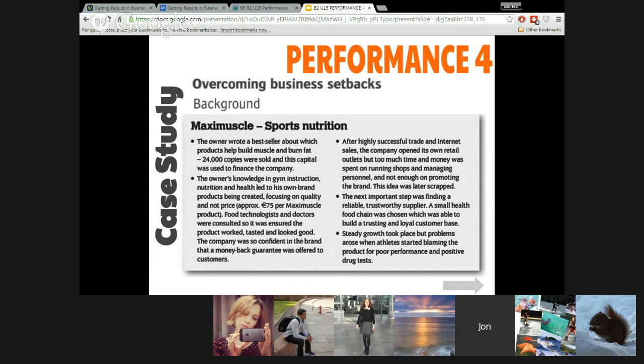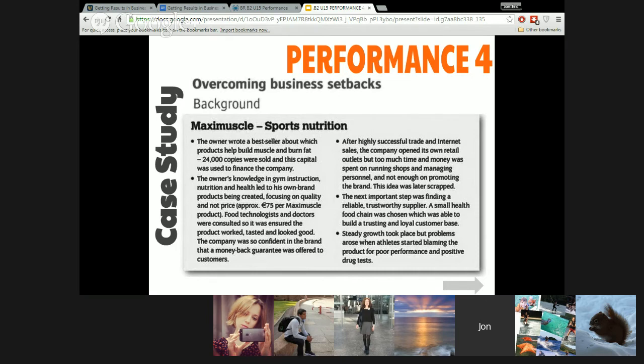The idea was later scrapped. The next important step was finding a reliable, trustworthy supplier. A small health food chain was chosen, which was able to build a trusting and loyal customer base. Steady growth took place, but problems arose when athletes started blaming the product for poor performance and positive drug tests.